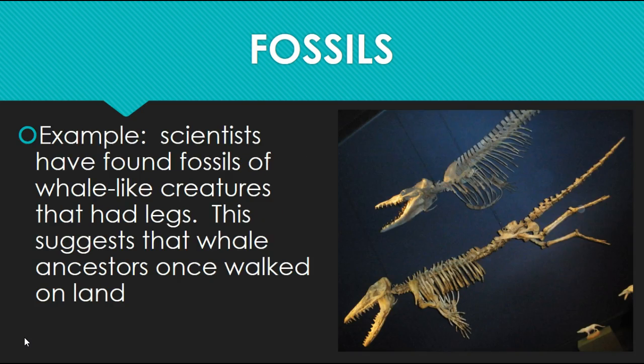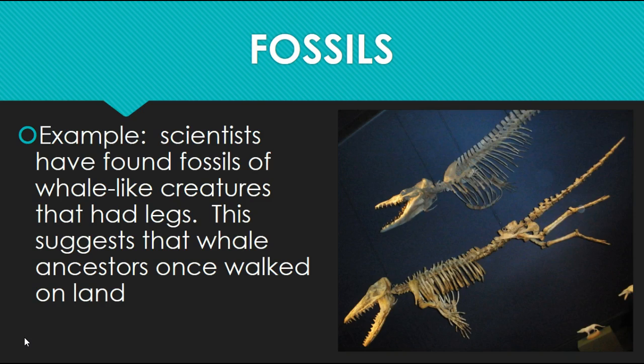For example, scientists have found fossils of whale-like creatures that had legs, and based on this fossil evidence, this suggests that whale ancestors once walked on land, and here we see one of these whale fossils. This is an intact skeleton hanging in a museum somewhere in the world.